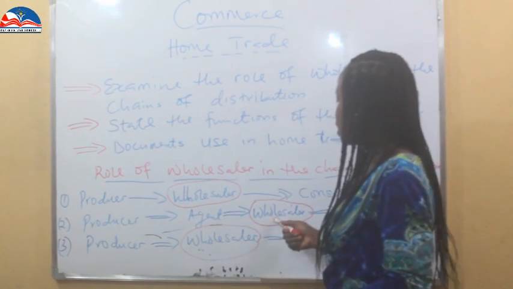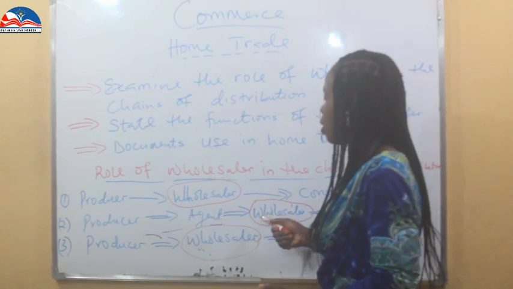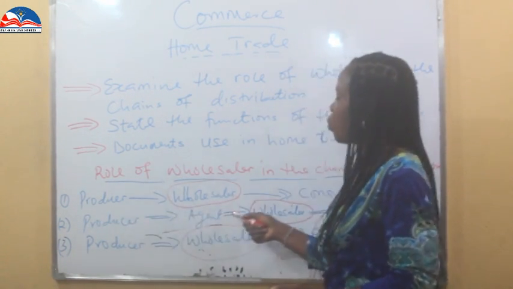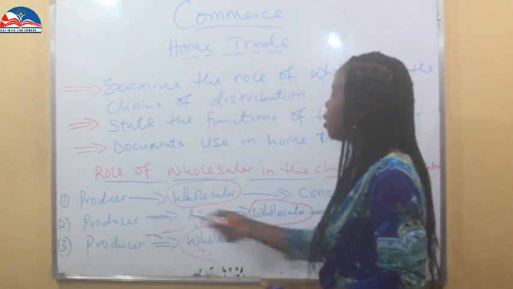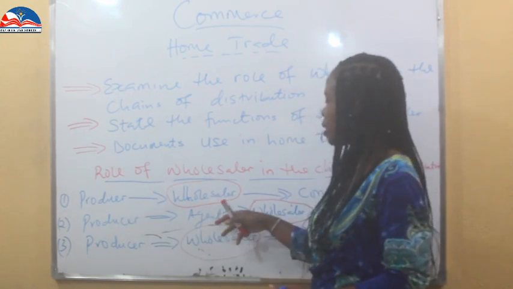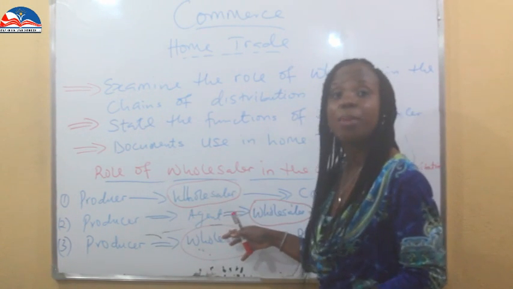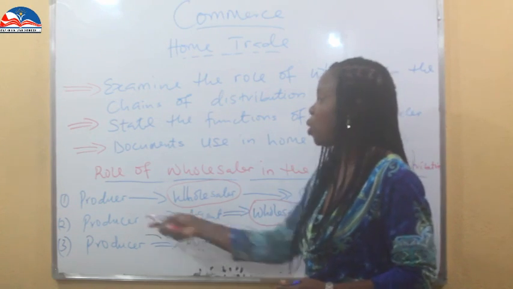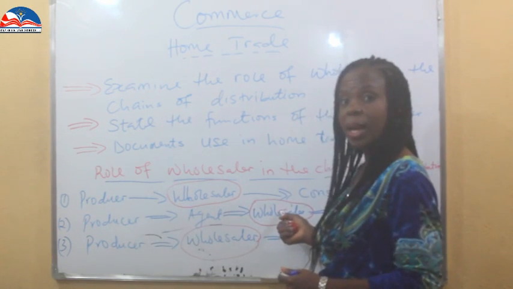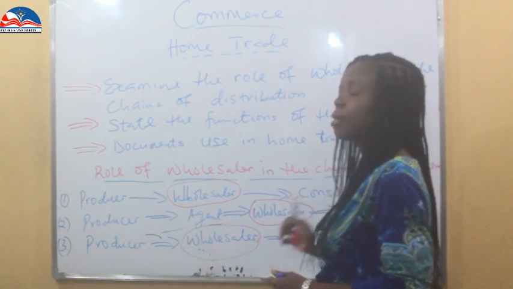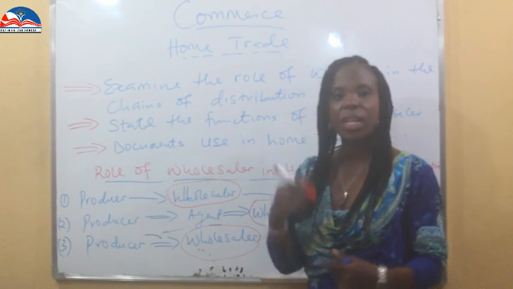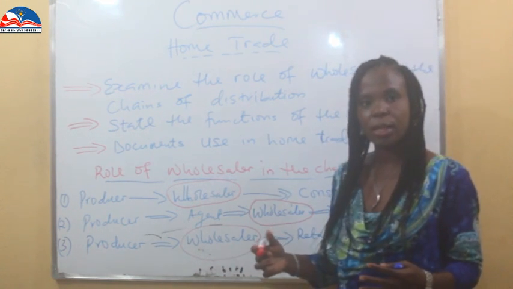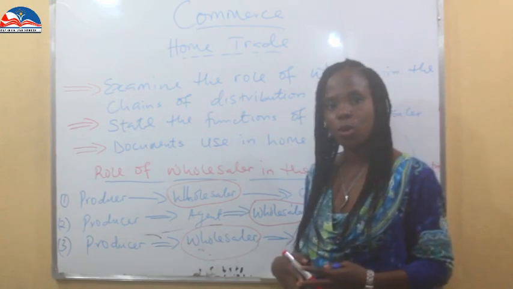But at this instance in the chains of distribution, the wholesaler does not go to the producer, because the producer has agents who connect the wholesaler to them. These agents can sometimes be referred to as middlemen. They act as intermediaries between the producer and the wholesaler. And after that, the wholesaler brings the goods to the consumer. That is another role they play in the process for goods to get to final consumers.